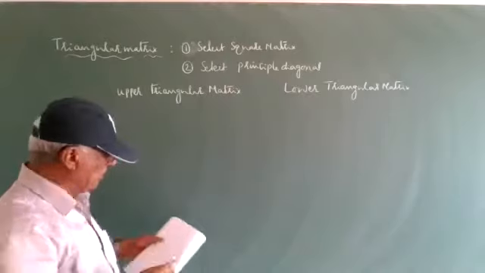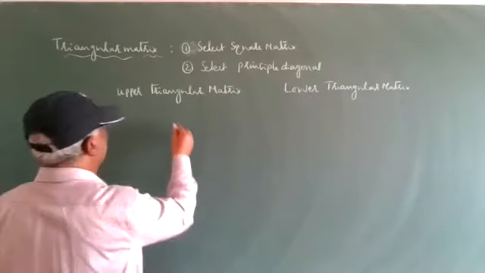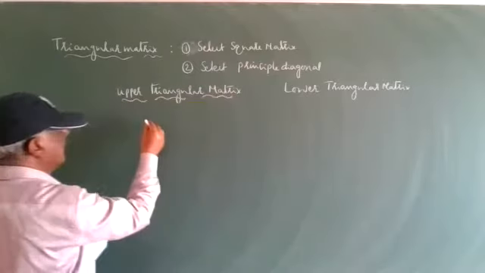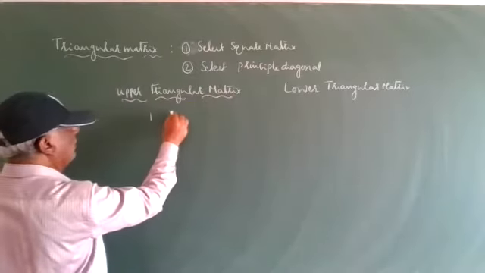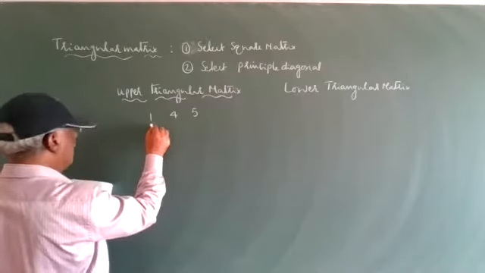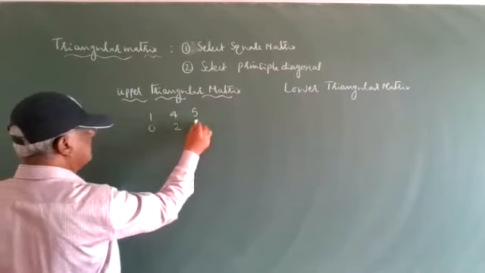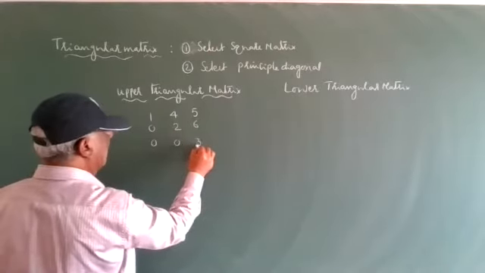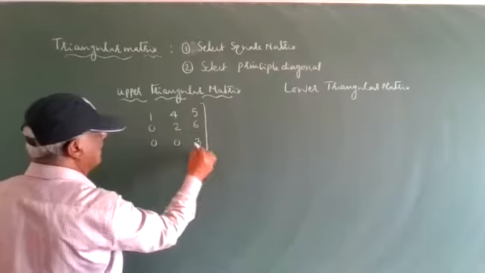First I will draw an example of an upper triangular matrix, then we can understand. Now see: 1, 4, 5, next 0, 2, 6, then 0, 0, 3. This is the square matrix.